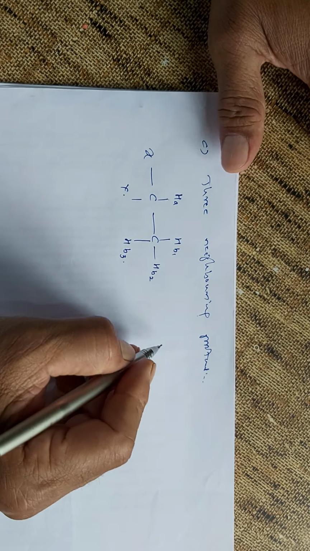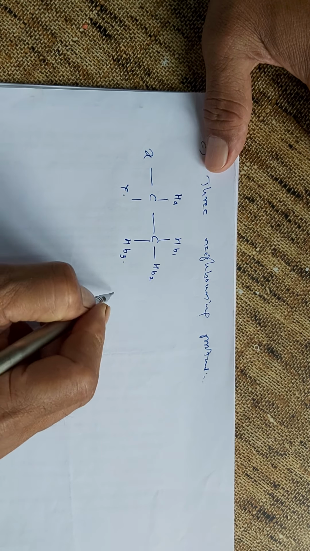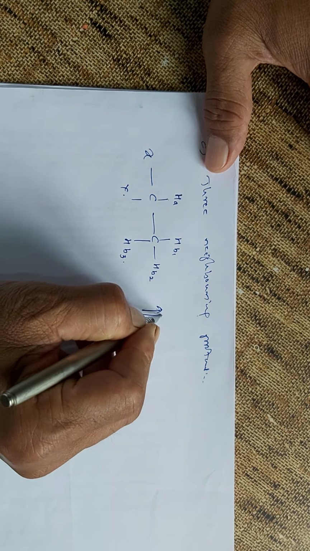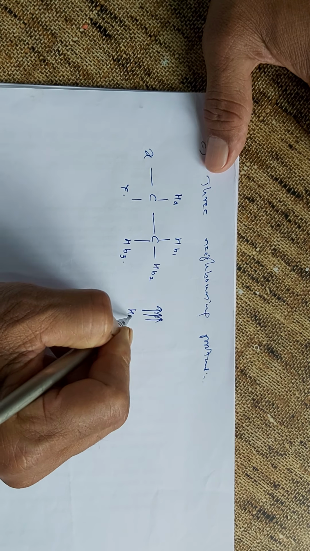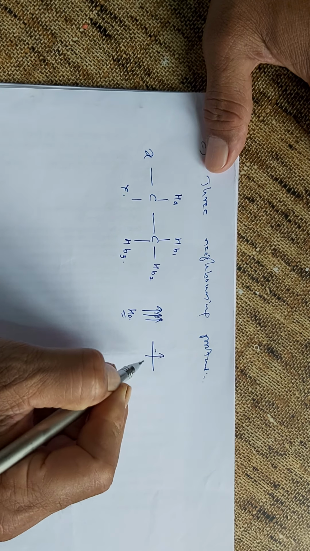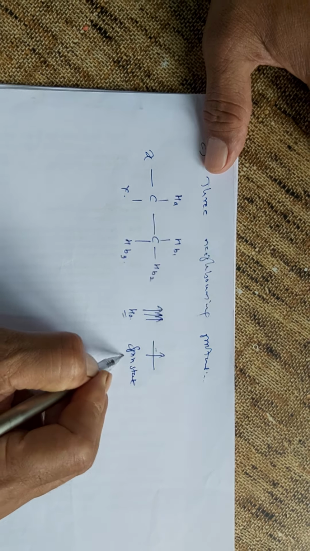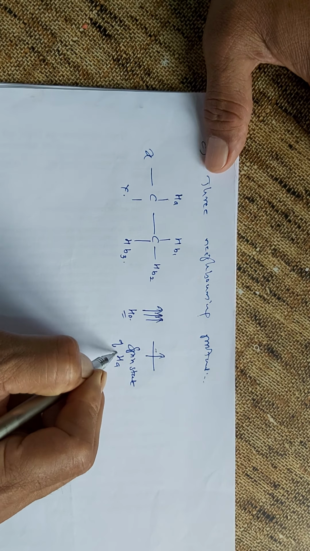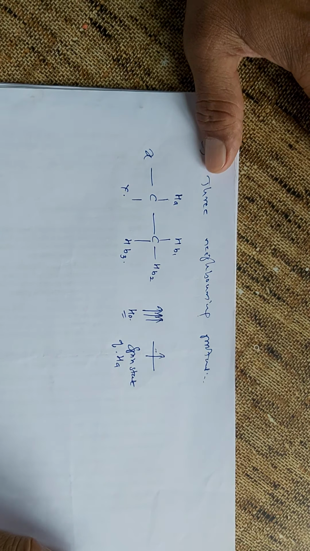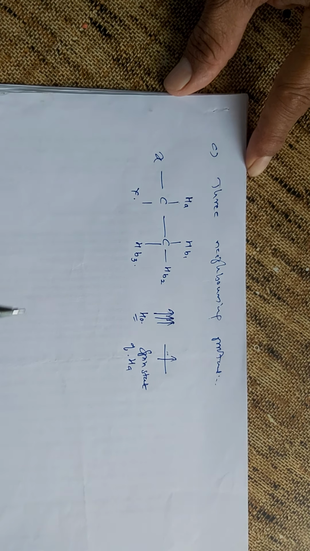And so if you place this molecule in the applied magnetic field, that is H0, the spin state of HA, there may be four different possibilities.